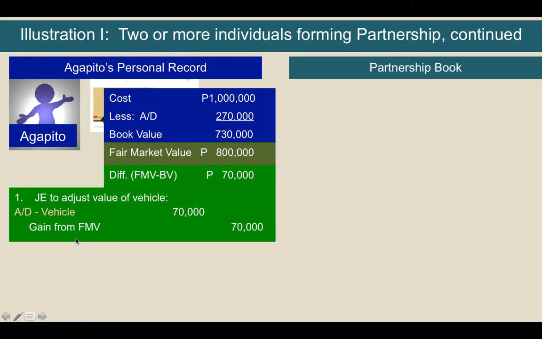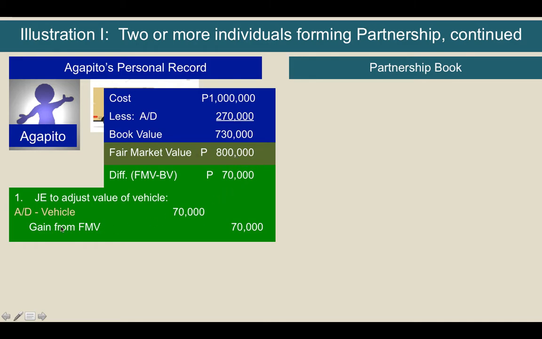The adjusting entry would reduce the accumulated depreciation, because accumulated depreciation is only an estimate, as we have learned in adjusting entries. It means that we have overestimated the depreciation in consideration of the fair market value.